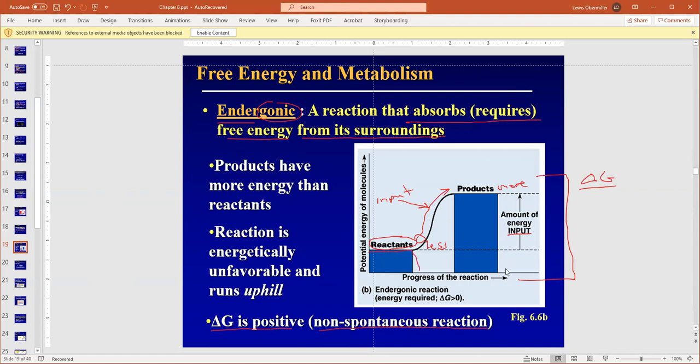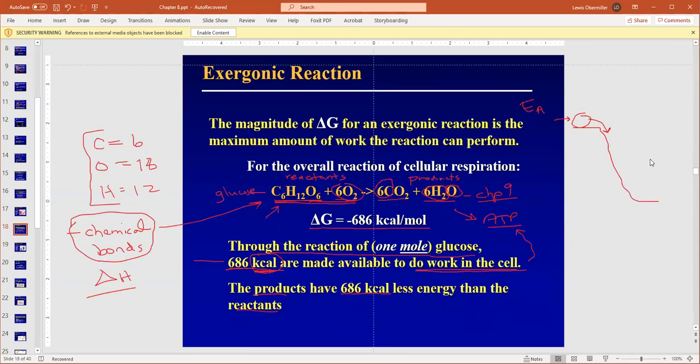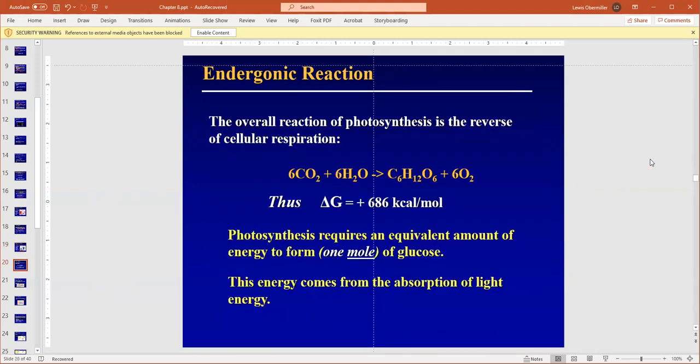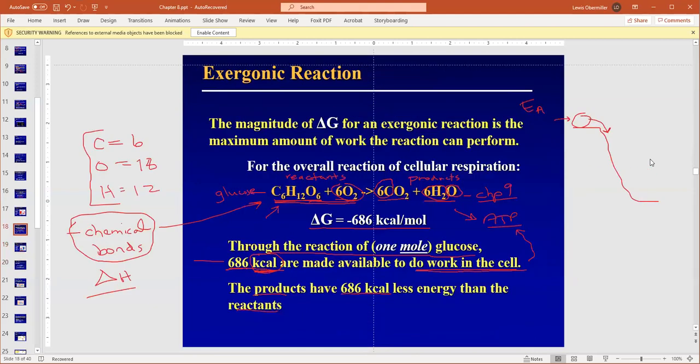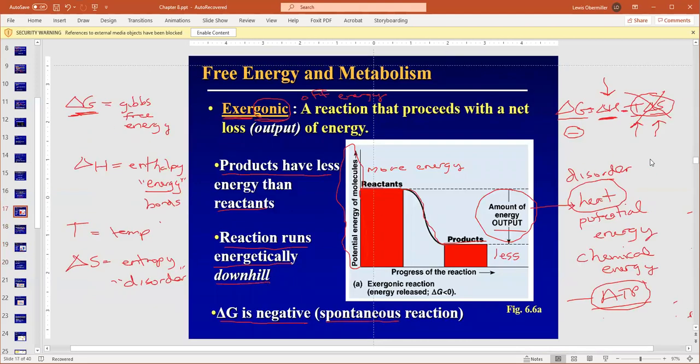The reactants have less energy than the products, so this has to be a positive delta G. And I could do the same thing here. The reactants have more energy than the products, and so this would be a negative delta G, and this would be a spontaneous reaction.